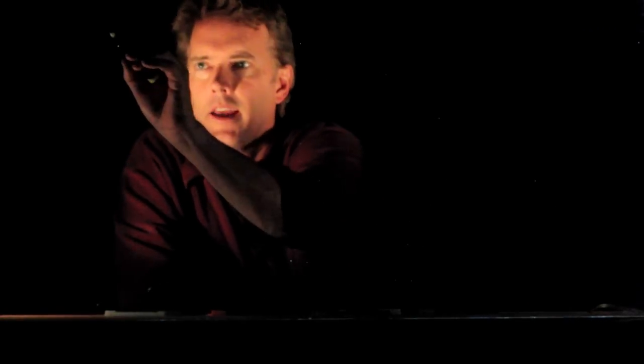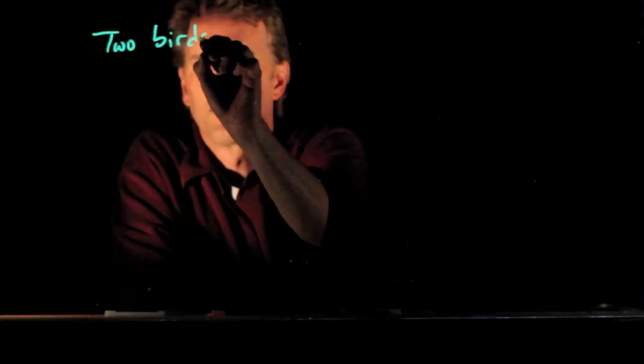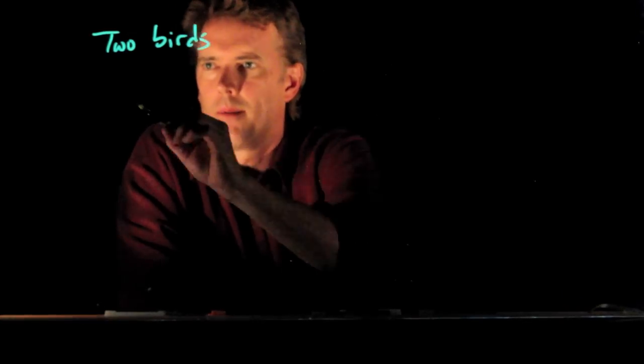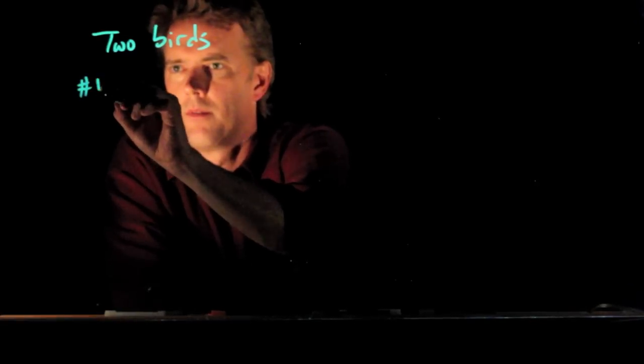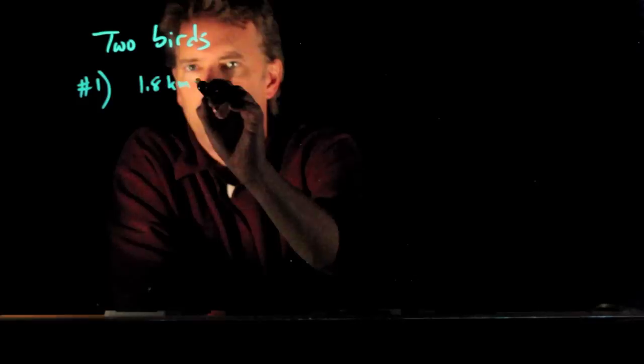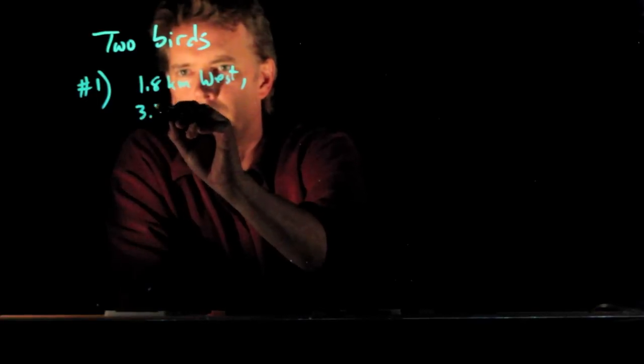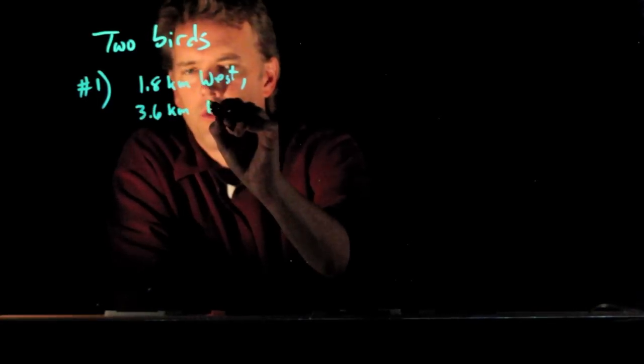Let's take a look at a vector problem with two birds. And in this problem, bird number 1 flies 1.8 kilometers west and then 3.6 kilometers north.